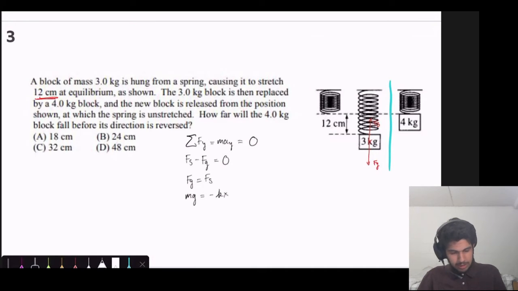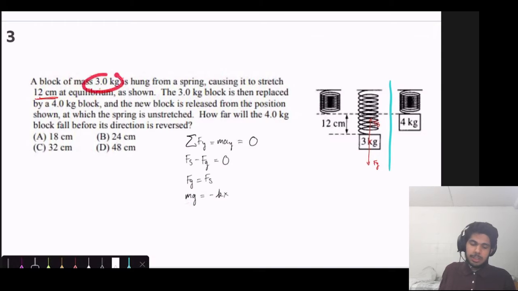All right? So what are we trying to solve for here is really the question. Right now we've sort of just drawn a free body diagram and thrown it into an equation. Well, we have the mass that's given to us, that's 3 kilograms. We have gravity, which is good. Do we have x or k? I don't see anything about the spring constant, so we don't have k. But we do have x, because we know it's been displaced 12 centimeters from equilibrium.